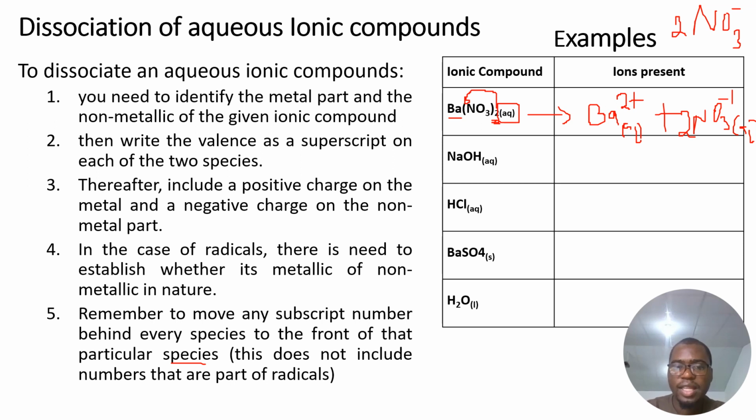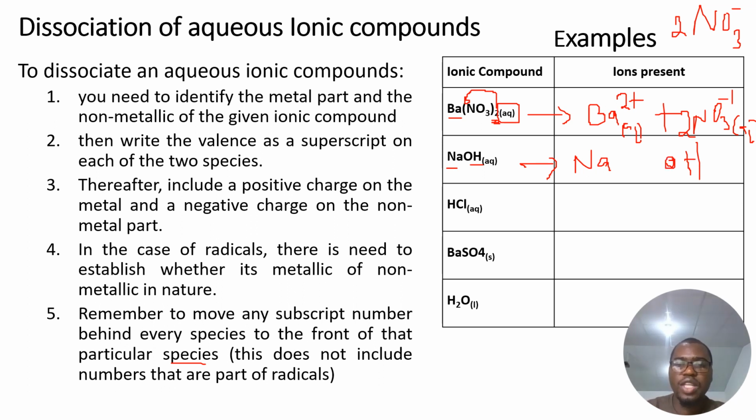All right, there is another example here, the second one, which we have done in the previous one. You just ask yourself, how do I separate this one? Okay, I have Na and then I have OH. You need to have the knowledge of radicals if you are to successfully do these things. So here again, if we are writing the equation, we're going to have our Na, and on the other side, we're going to have our OH.